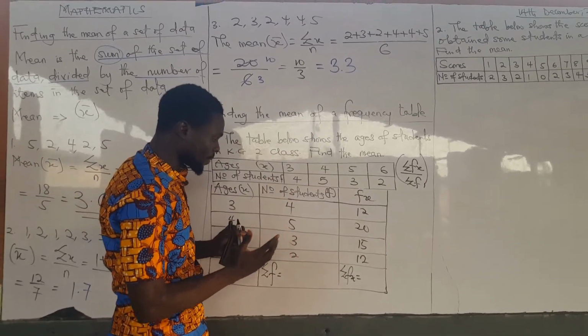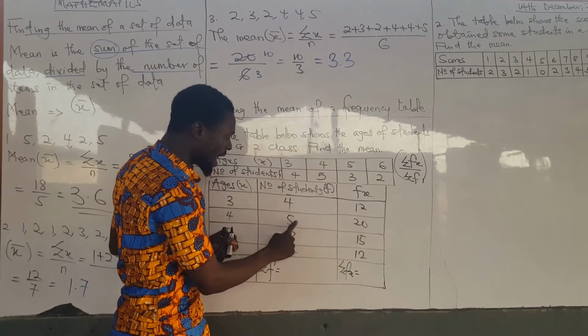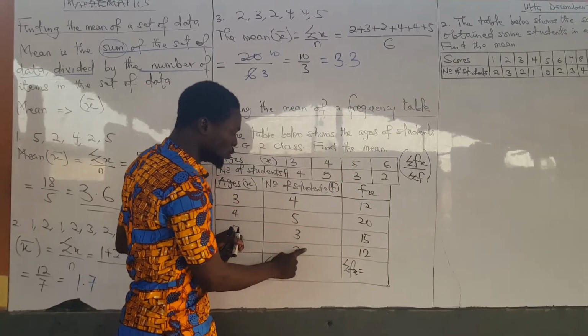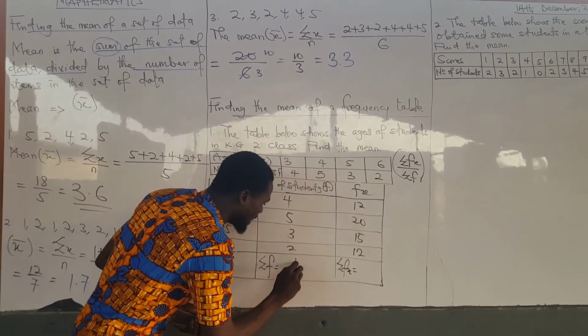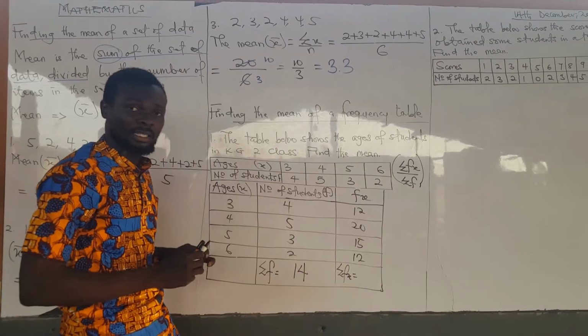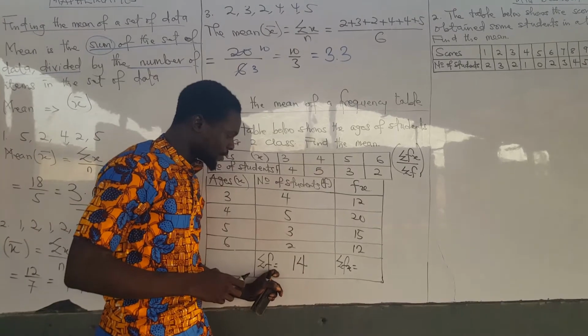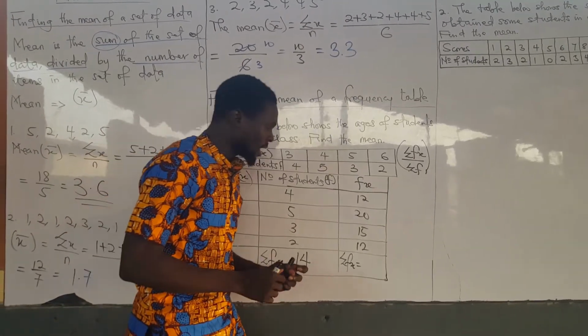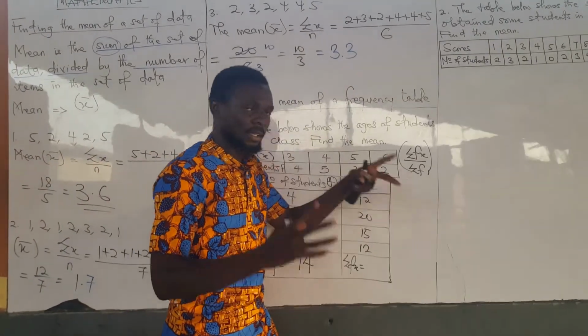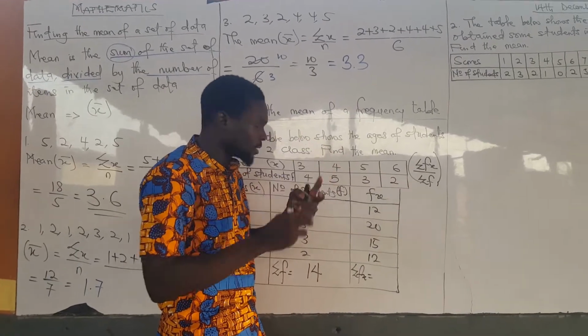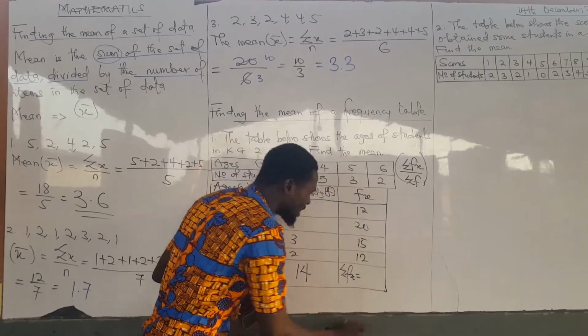So when you come to the frequency column, if you put all these things together, what are we going to get? We have 4, 5, 3, 2. Putting everything together here, we are going to get 14 as our answer. So sigma f is equal to 14, and sigma fx, sum of fx. So you are going to put everything here together.